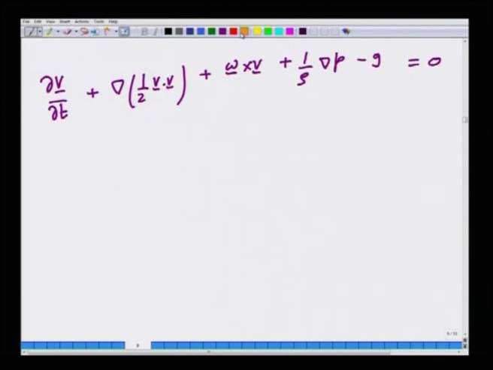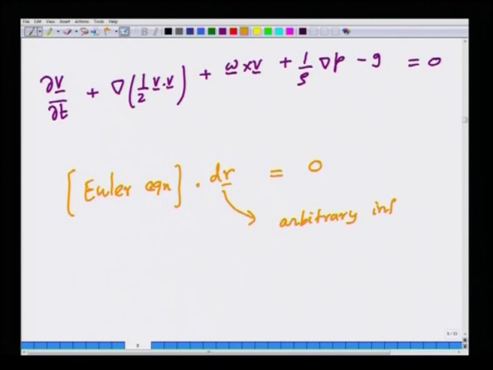Now, I am going to take the above Euler equation and dot it with a small displacement vector dr along the fluid. It is an arbitrary infinitesimal displacement vector between any two points in the fluid.